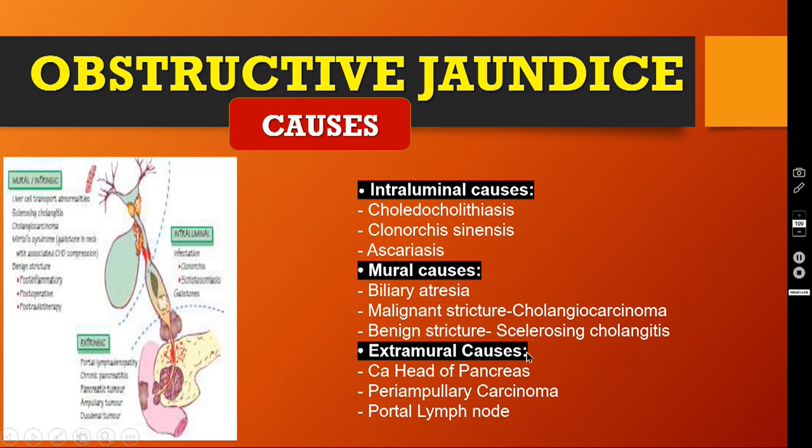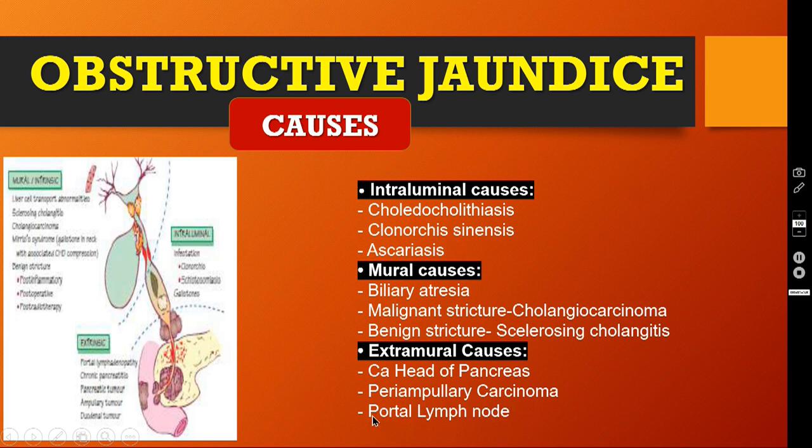Coming to the extramural causes, number one is carcinoma head of the pancreas, periampullary carcinoma, and portal lymph nodes, because these are secondary lymph nodes from primary GI tumors.